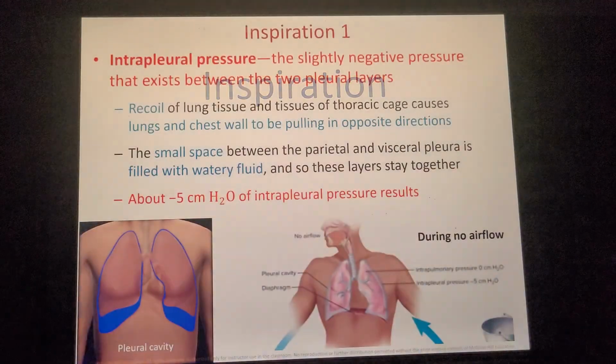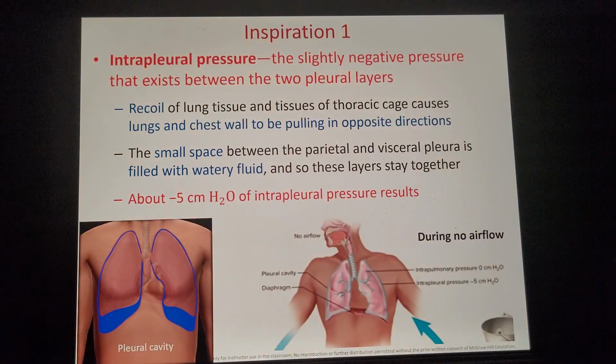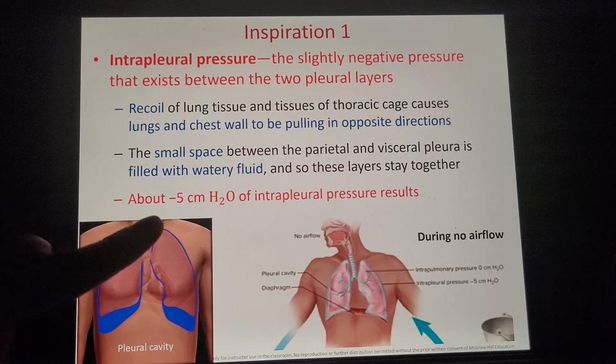So let's focus on inspiration for right now. So normally at rest, we have an intrapleural pressure that helps to keep our lungs open. So if you ever get stabbed in the lungs, especially if you're breaking this pleural cavity, that's going to cause this negative 5 centimeters of water.